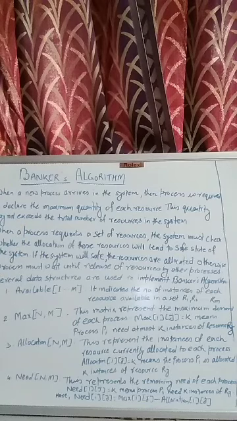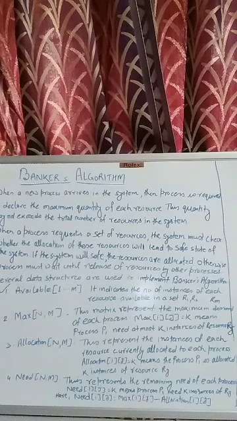Now, several data structures are used. In this banker's algorithm, several arrays or matrices are used to implement the algorithm. The first one is the available matrix.